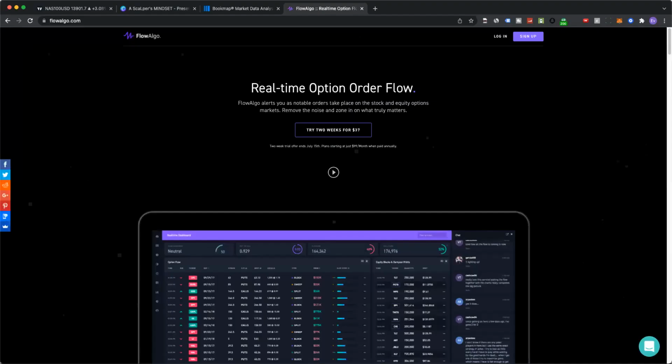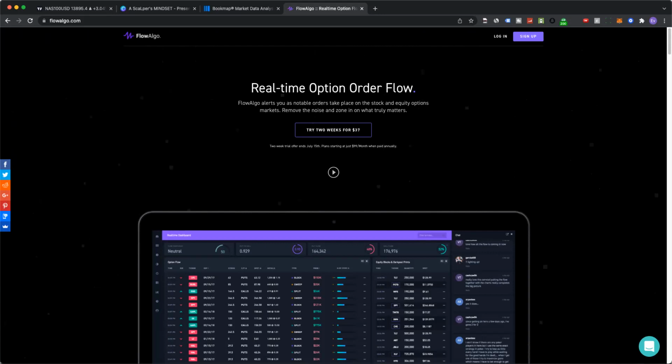The next thing is the same scenario where you don't absolutely need it, but I like it and it helps me out. This is a real-time option order flow. So this basically tracks when actual executed trades are placed.